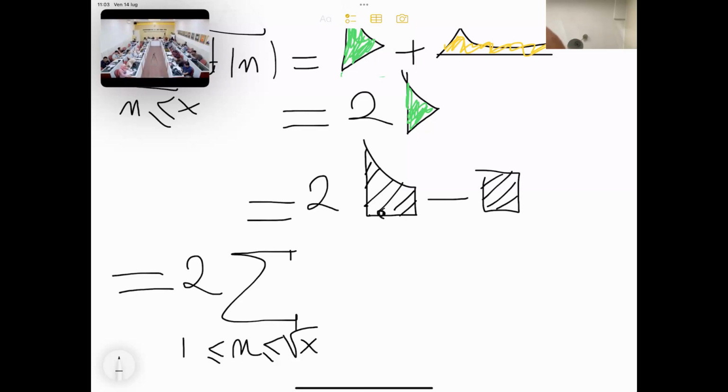And for each fixed n, I have the sum of 1, where m goes from 1 to x over n.